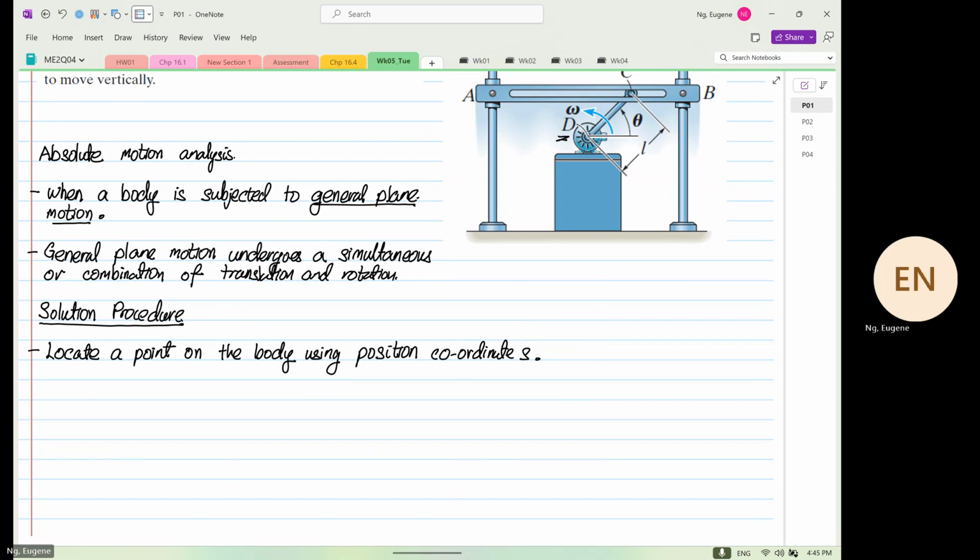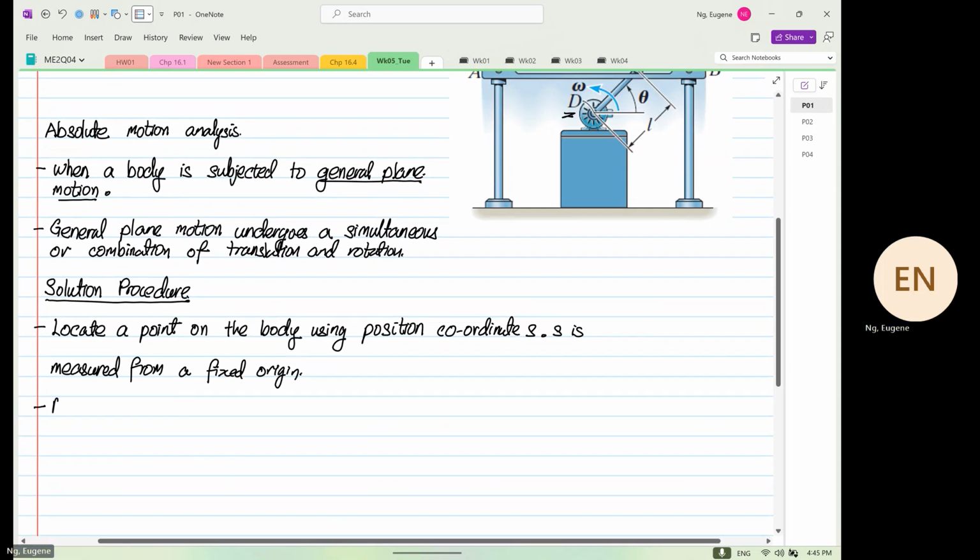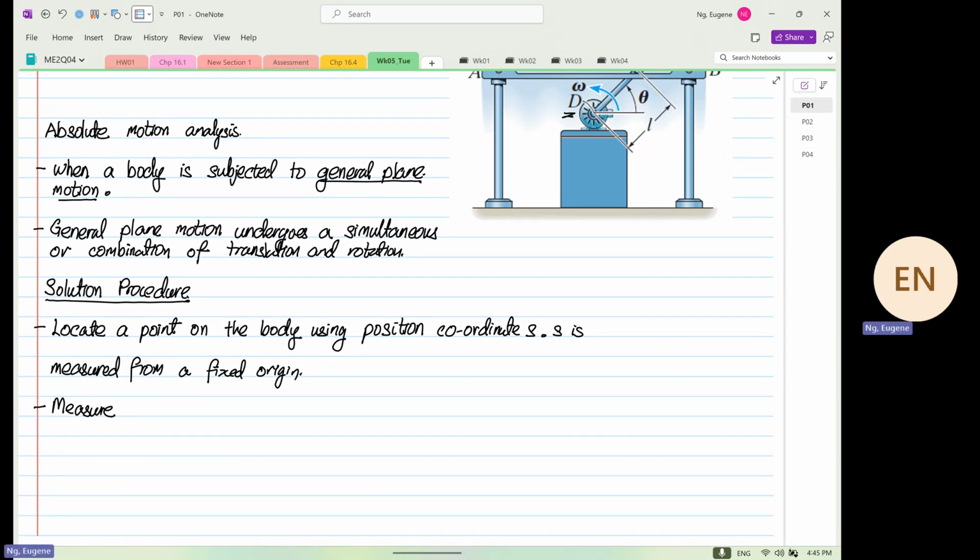S is measured from a fixed origin. Then we're going to measure from a fixed reference line the angular position theta.